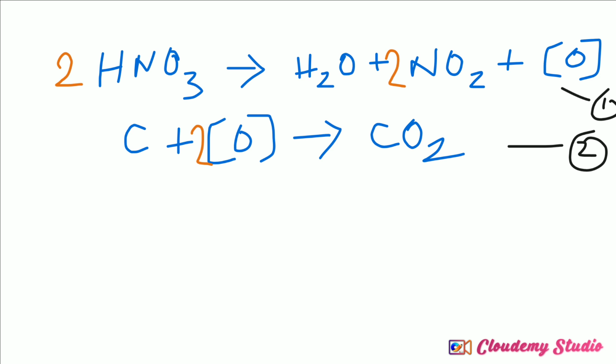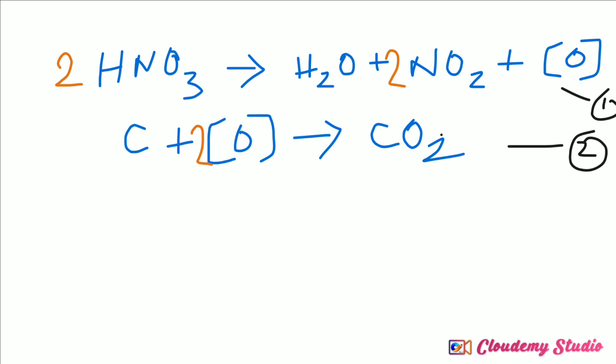At the first step, we have got nascent oxygen by the decomposition of concentrated nitric acid: water, nitrogen dioxide, oxygen. So that nascent oxygen is used up at the second stage. Therefore, here at the second stage, we have got 2 moles of nascent oxygen, but at the first step, only 1 mole of nascent oxygen is there.